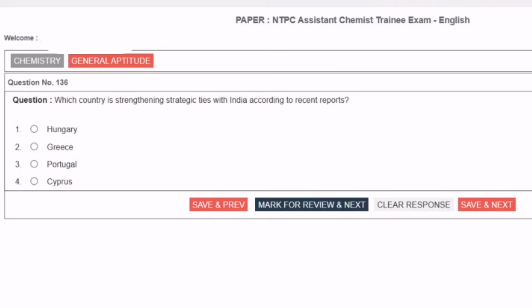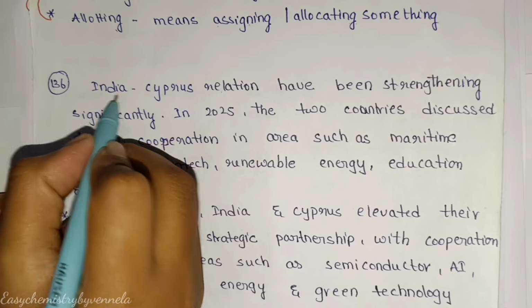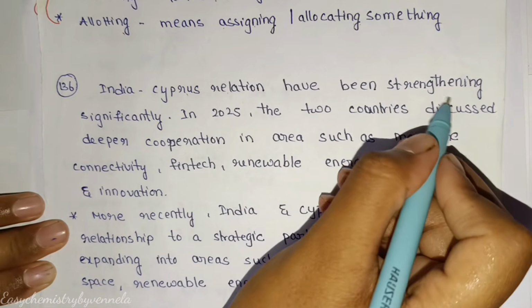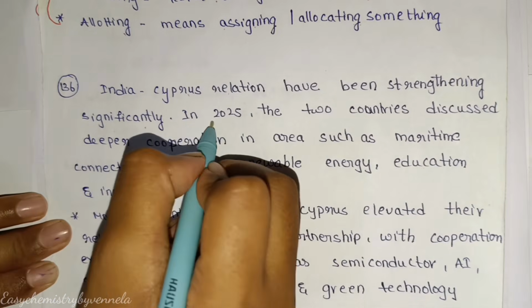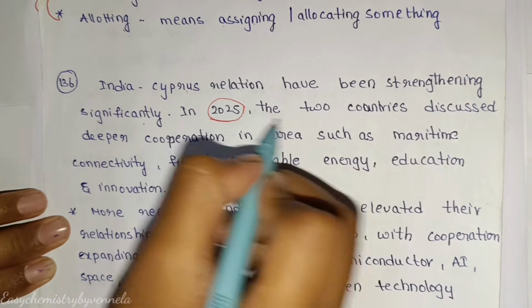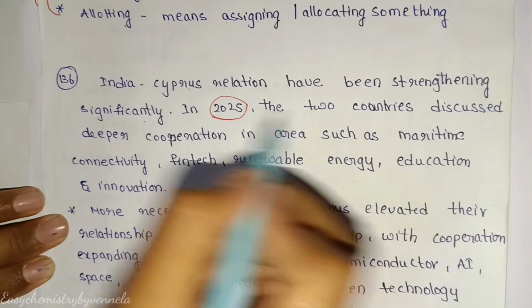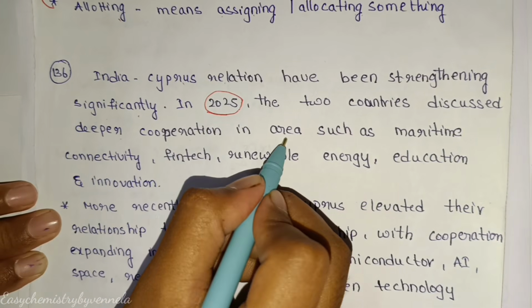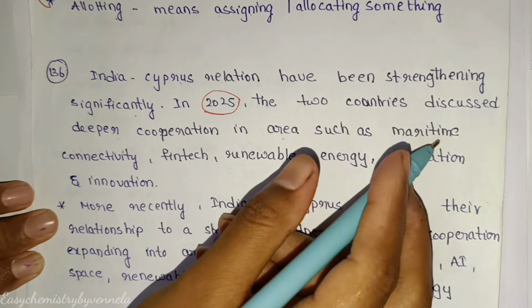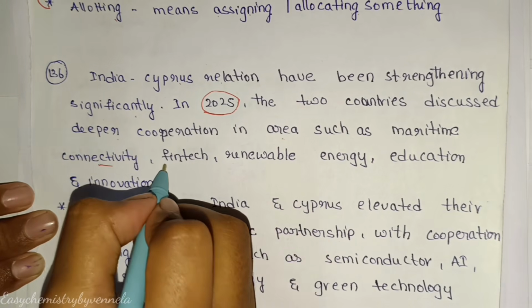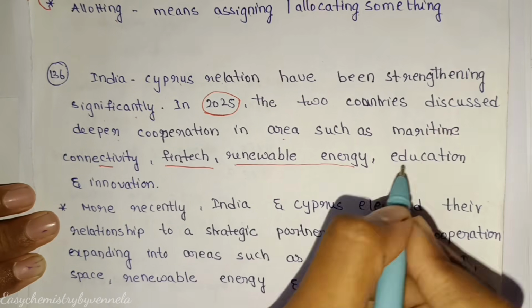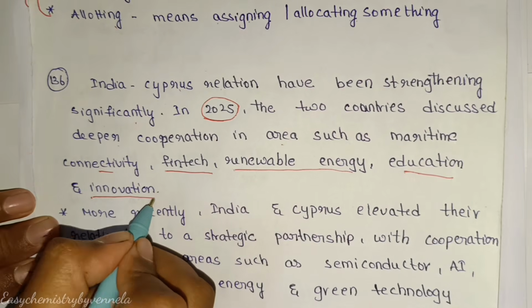Next question. Which country is strengthening strategic ties with India according to a recent report? Hungary, Greece, Portugal, Cyprus. India-Cyprus relations have been strengthening significantly. In 2025, the two countries discussed deeper cooperation in areas such as maritime connectivity, fintech, renewable energy, education, and innovation.